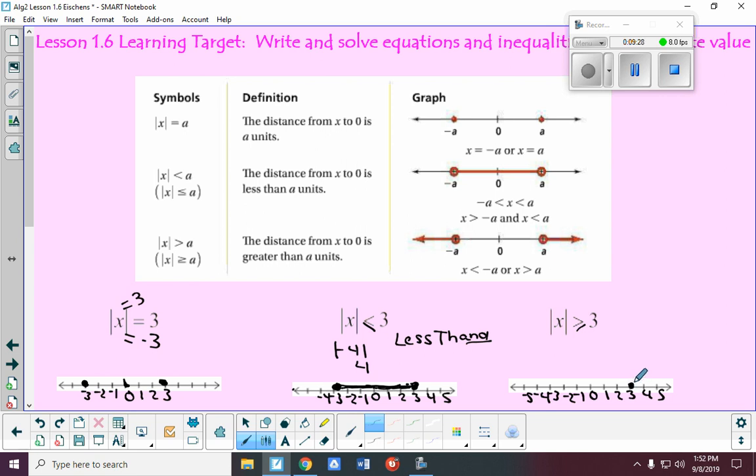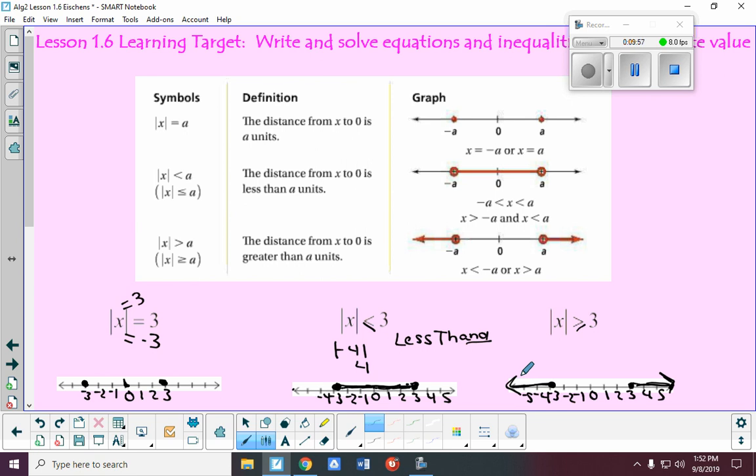So if it's greater than 3, it would be 3, 4, 5, off into infinity. Anything bigger than 3 is greater than 3. Now, if you take the absolute value of -3, that equals 3, so that works too. And if you take the absolute value of -4, that's +4, that's greater than 3. So anything on this side works because you take the absolute value of all of these numbers. So whatever works in the positive world works in the negative world.